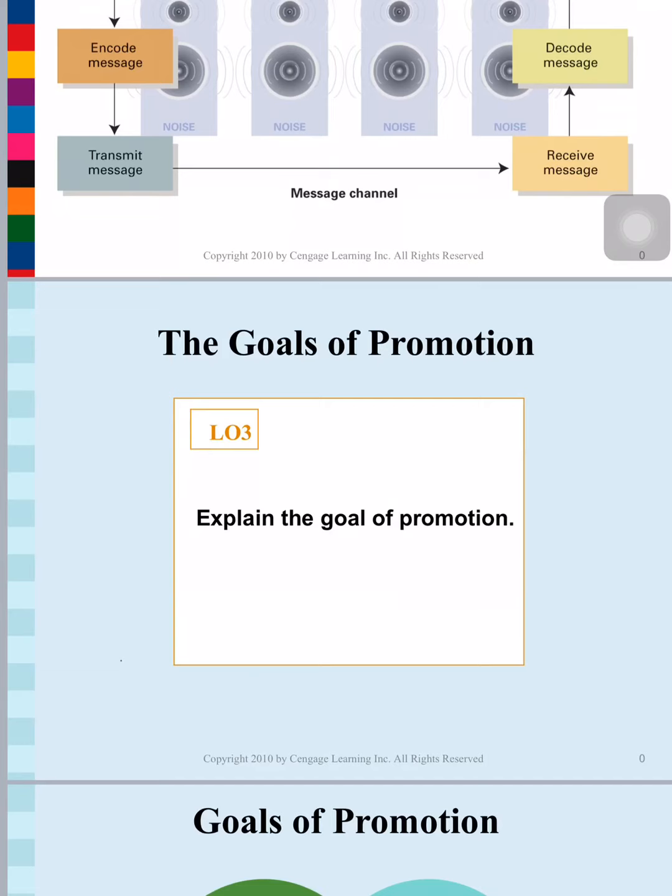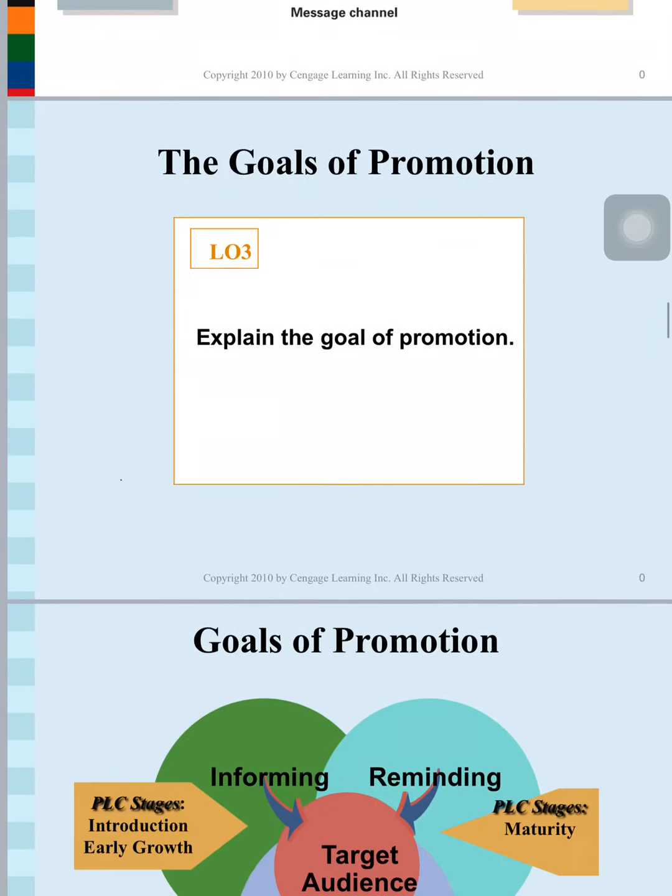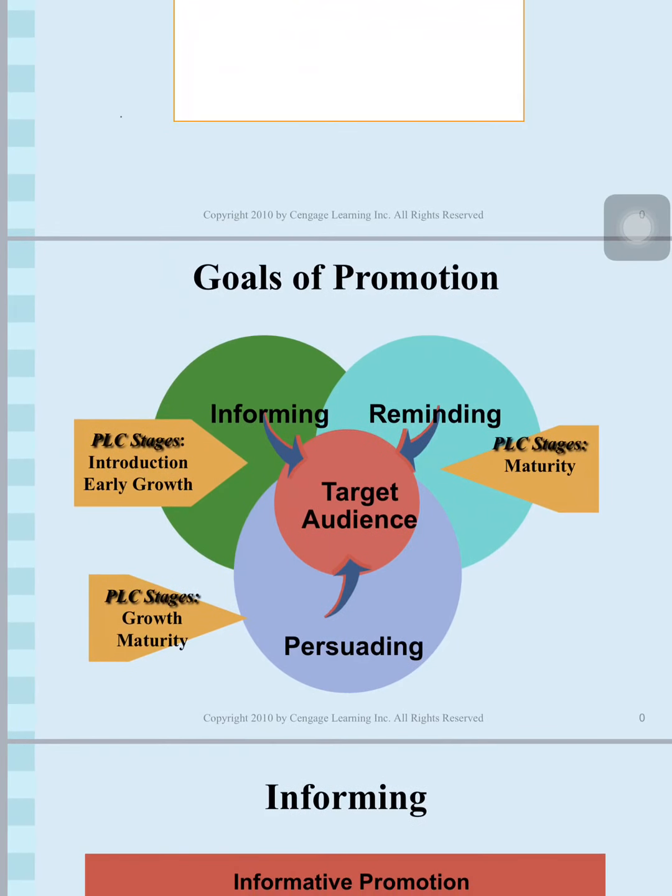Of course, to ensure that you achieve your promotion strategy, or the goal of your promotions, you will do so by informing, by reminding, and by persuading the target audience.